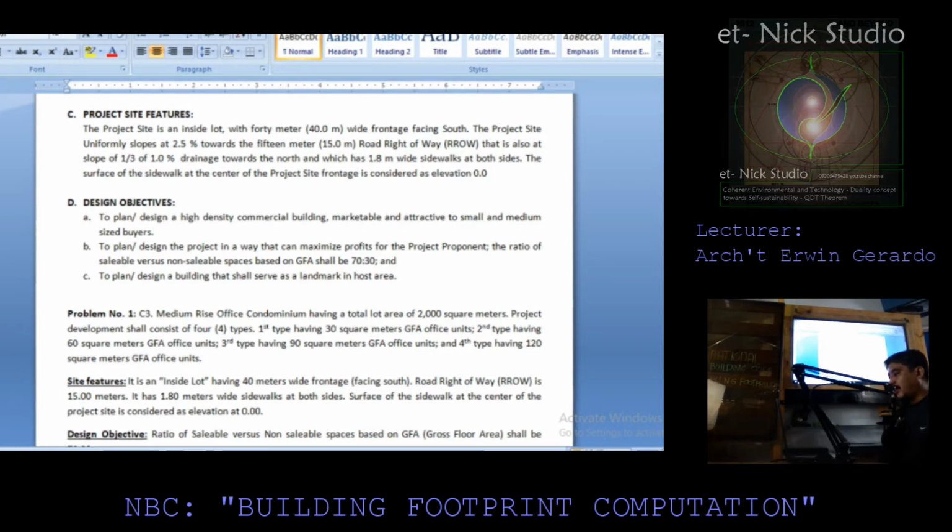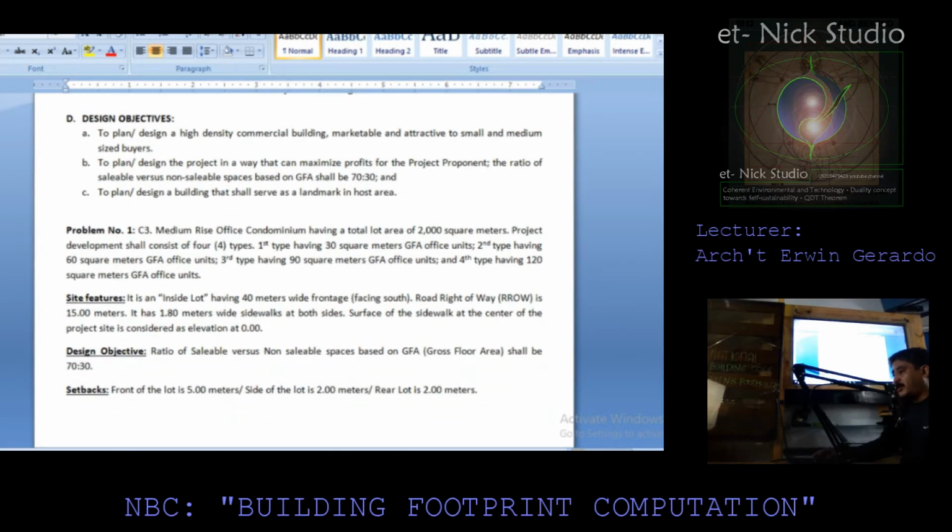That is also at a slope of 1/3 of 1% drainage towards the north, and which has 1.8 meters wide sidewalks at both sides. The surface of the sidewalk at the center of the project site frontage is considered to be the benchmark of the elevation as 0.0.